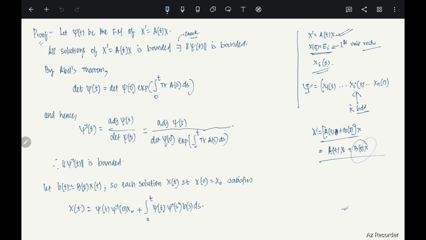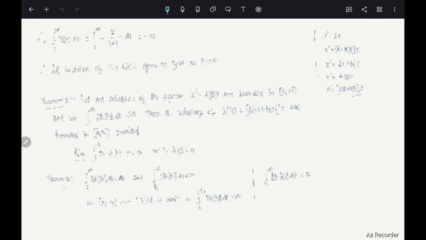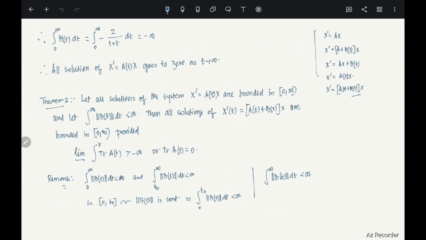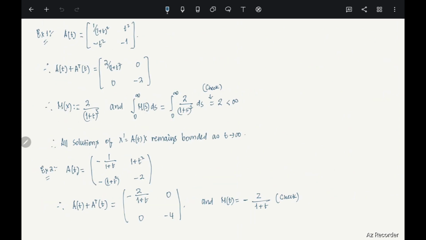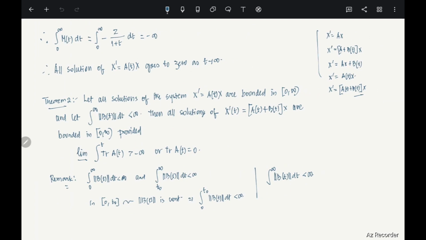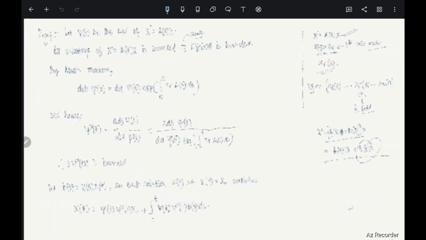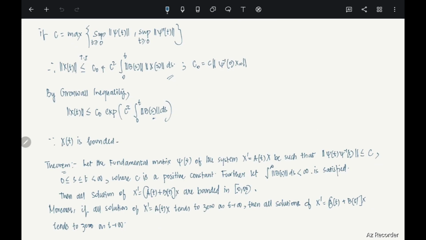You see, this condition, the trace condition, where is it? What did I write? Where's the condition? Okay. Yeah, here.